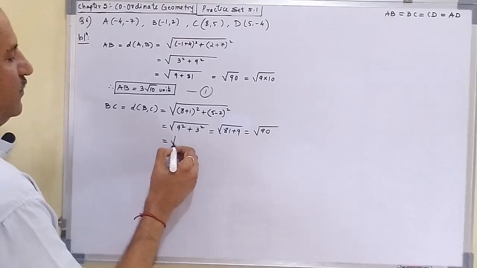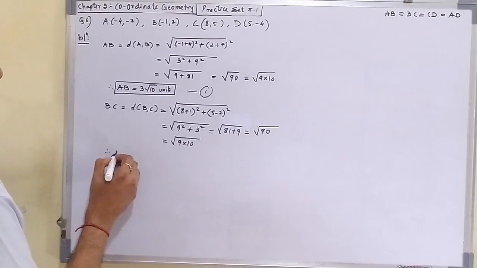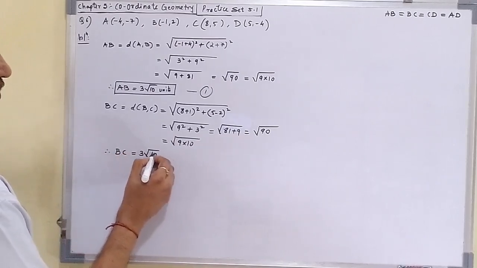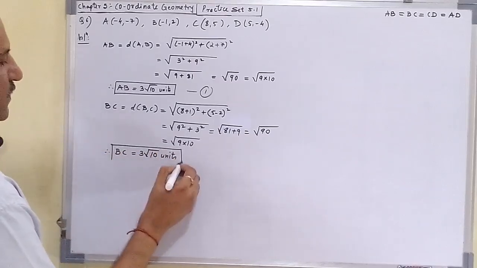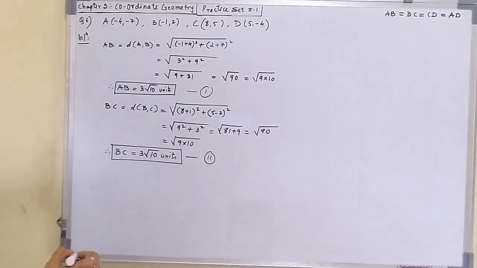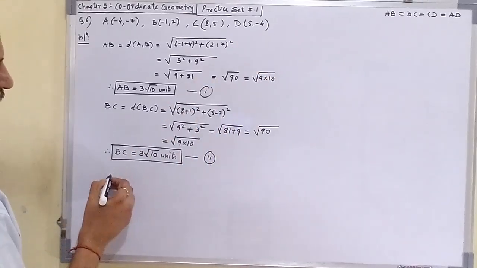So this will be square root of 9 into 10. Therefore, BC is equal to 3 root 10 units. This is your second. Third, see.